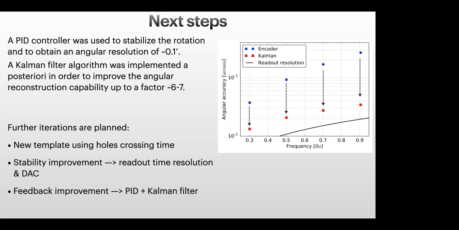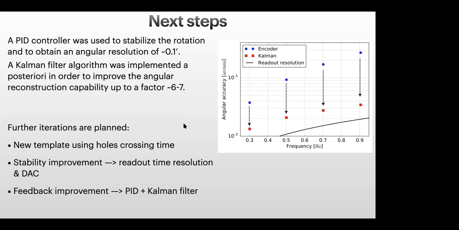That is a very good result. But by introducing a Kalman filter algorithm, we can improve this angular resolution by a factor of 6 or 7, moving from 0.1 arc-minute to close to 0.01 arc-minute.